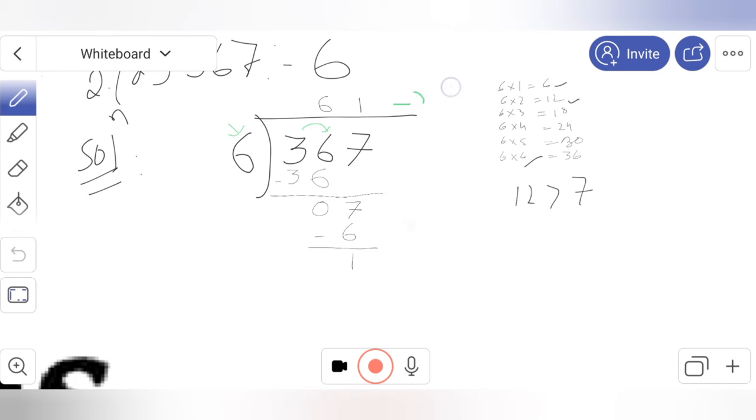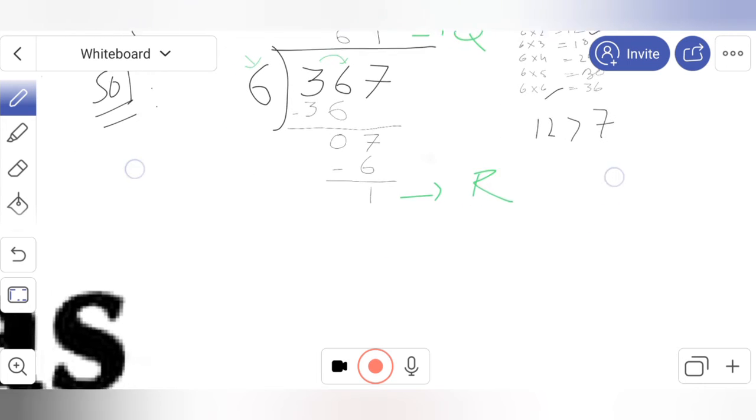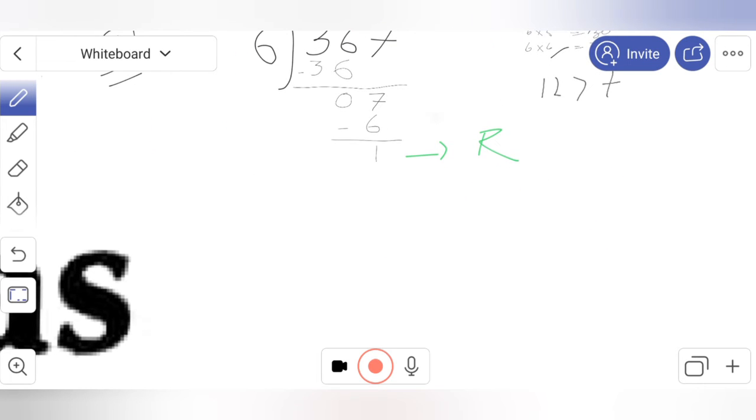Okay. Now, which one is the quotient? This is the quotient and this is the remainder. So how much did we get as the quotient? We got 61 as the quotient and 1 as the remainder.